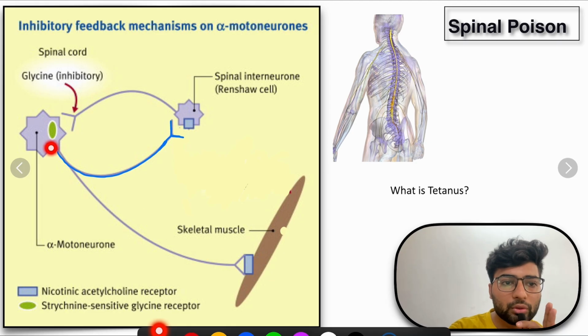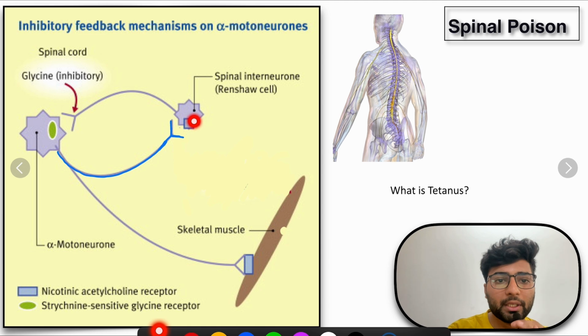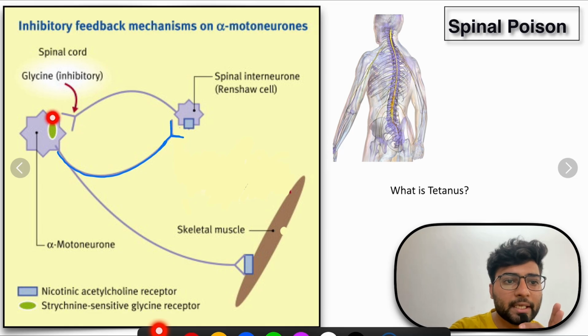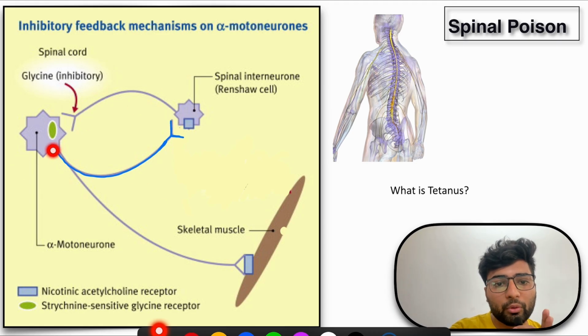It also gives a signal to this Renshaw cell, which is an inhibitory cell. This Renshaw cell will release glycine, and this glycine will act as an inhibitor on this neuron. Why? Because if this were not there, it would cause excessive muscle contraction.